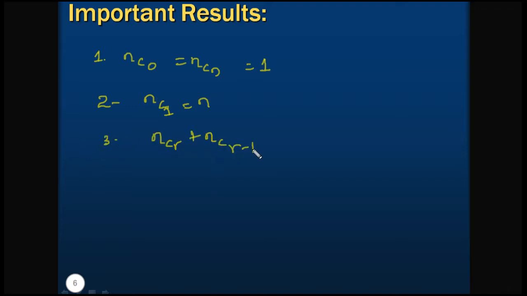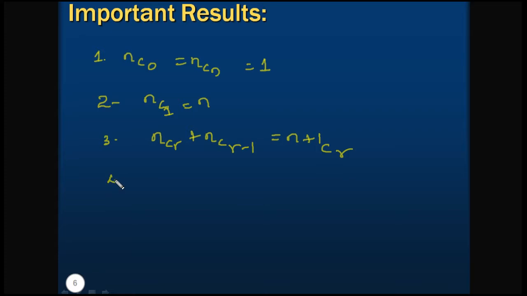Let us look into some important standard results which are useful to solve numericals. First one, NC0 is equal to NCN and its value is 1. Second one, NC1 is equal to N. Third one, NCR plus NCR minus 1 is equal to N plus 1 CR.